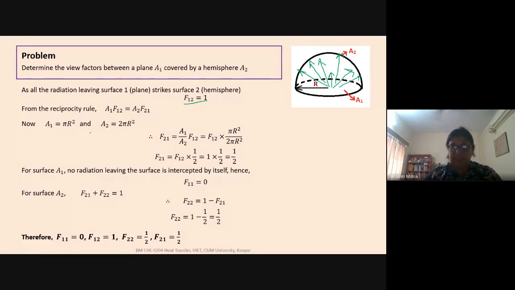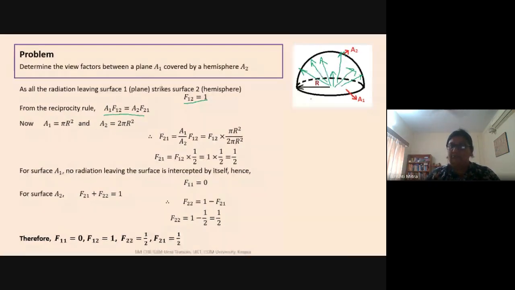From the reciprocity rule, we know that A1 F12 is equal to A2 F21. Area of the circle, which is the base, is pi r square, and the area of the hemisphere is half the area of the sphere, that is 2 pi r square. Now I know the value of F12, and if I want to find out the value of F21, then what do I do?